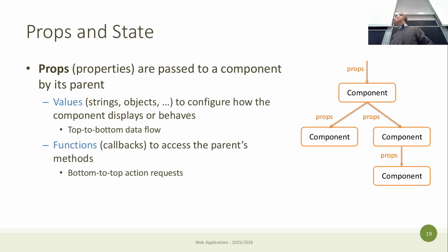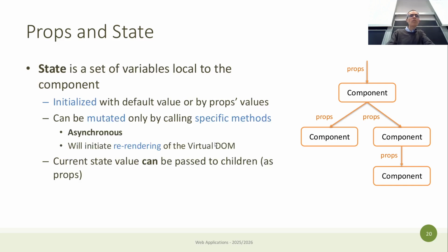Of course, functions cannot be rendered and will have to be called at a certain point, but in general, we can pass them. They are callbacks, because we pass functions since we want to call them later on. So that's the mechanism.